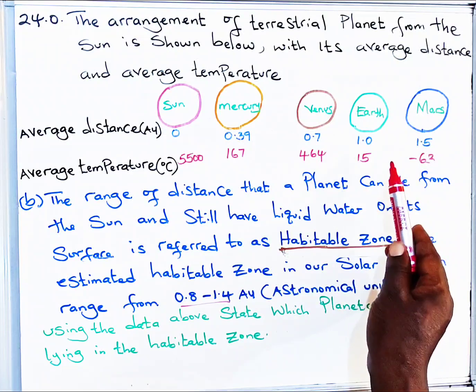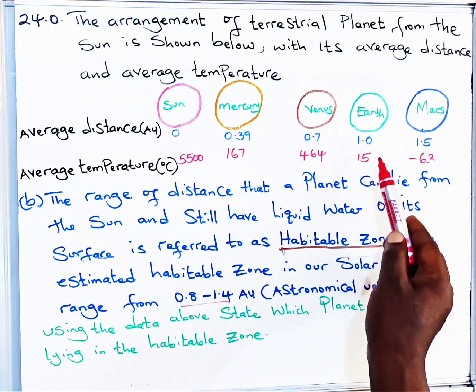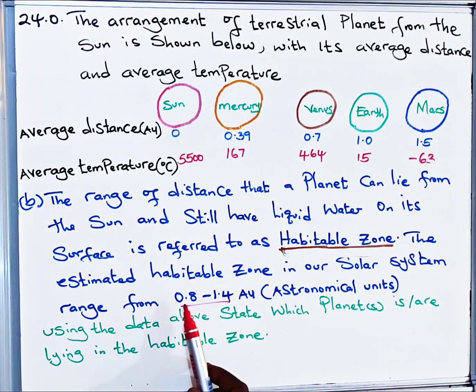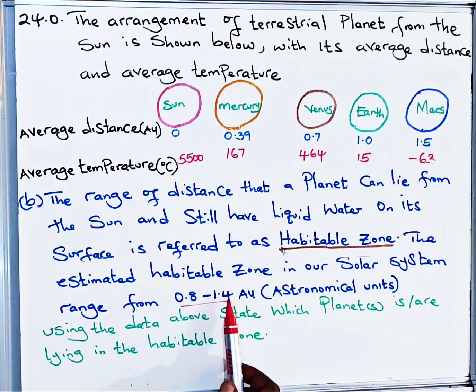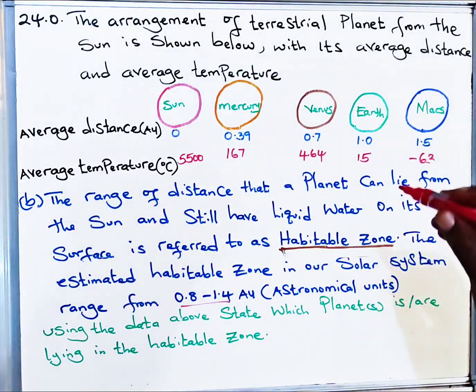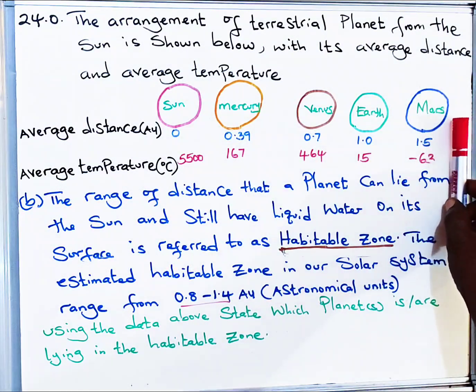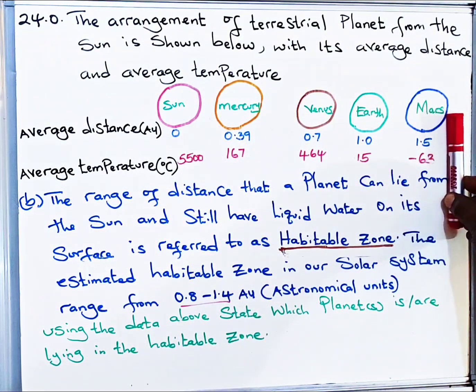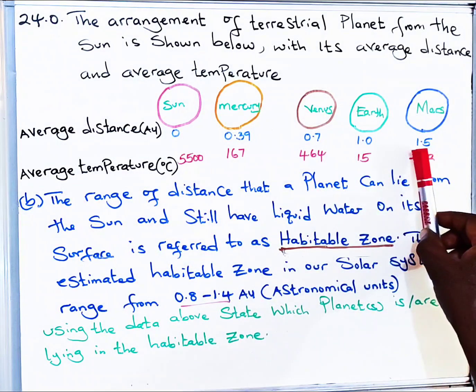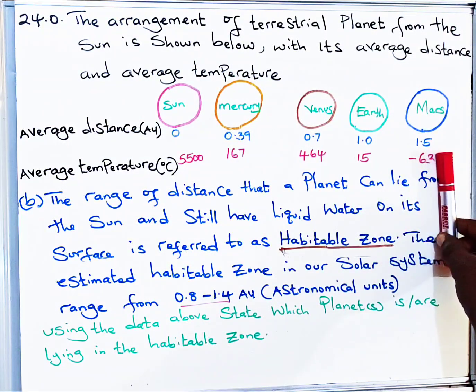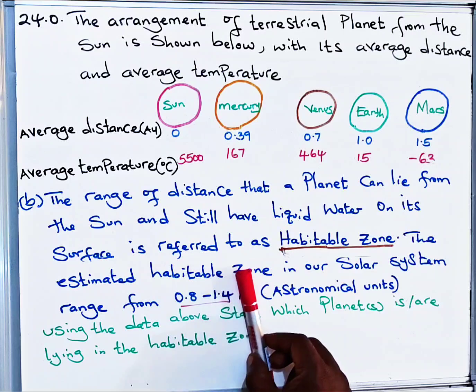Earth is 1. 1 is between 0.8 and 1.4. So Earth lies in the habitable zone. What does that mean? That on Earth, water can exist in liquid form. Let us go to the last one in the terrestrial group, Mars. Mars is 1.5, which is also outside 1.4.